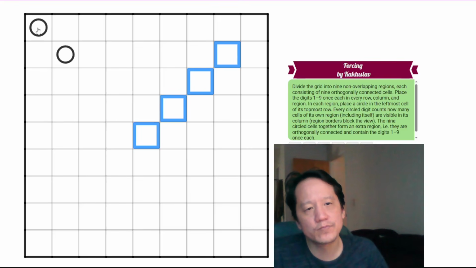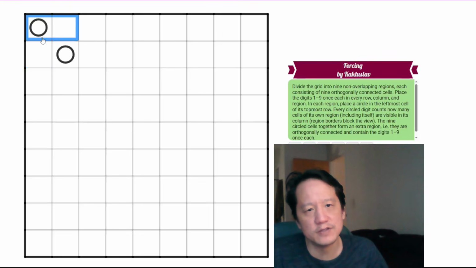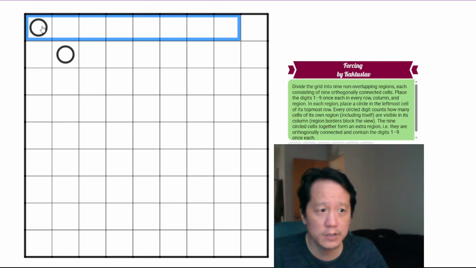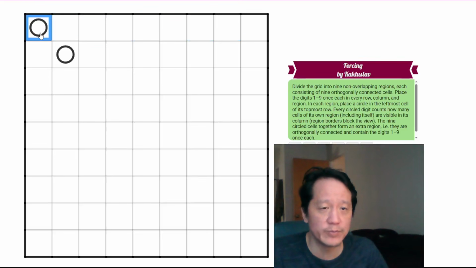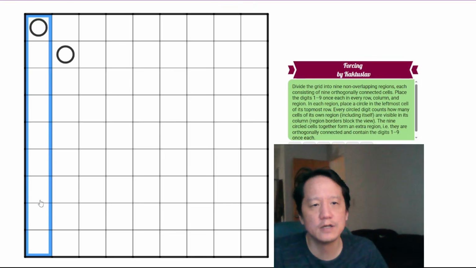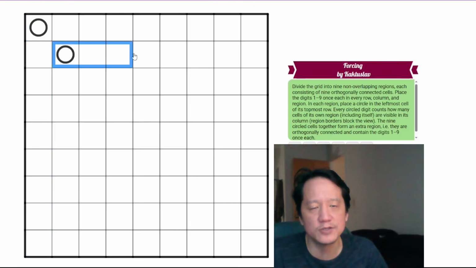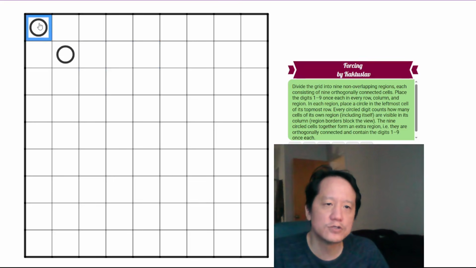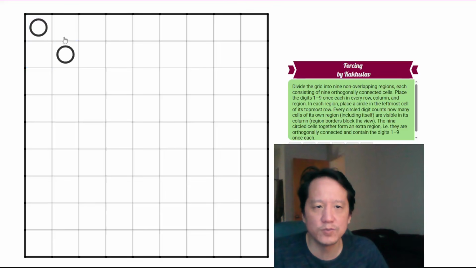So you can't go down because then there's not going to be another circle in row 1, which means this would have to be 9 as the only possibility, but since this is blocked here by this circle, it can't be 9, which means there's no 9 in the circled cells, which we know there has to be. So therefore, this cannot go this way. It has to go this way.